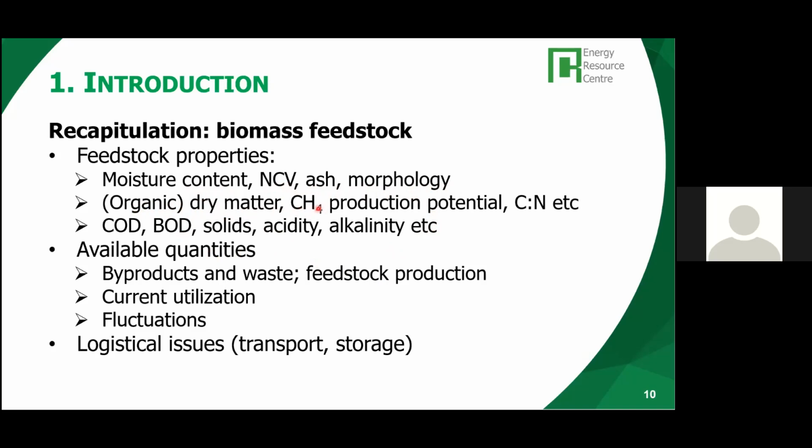We look at the methane production potential. We look at the presence of nutrients like nitrogen, but also potassium and other nutrients. We look at wastewaters. We look at the chemical oxygen demand and the biological oxygen demand, which are indicators of the quantities of organic solids in the wastewater.